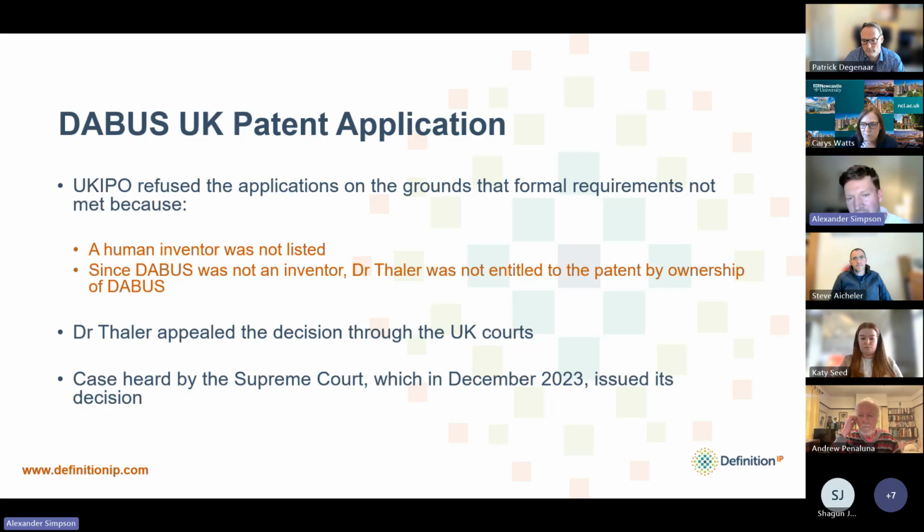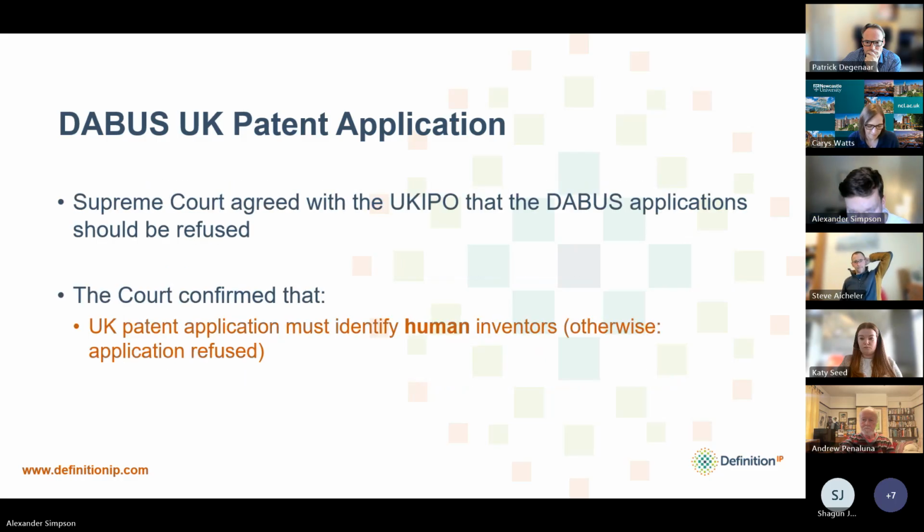So Dr. Thaler wasn't happy with that outcome, and decided to appeal the decision of the Patent Office through the courts. He went all the way through, so he appealed to the High Court, to the Court of Appeal, and then to the UK Supreme Court. And in December 2023, the Supreme Court issued their decision.